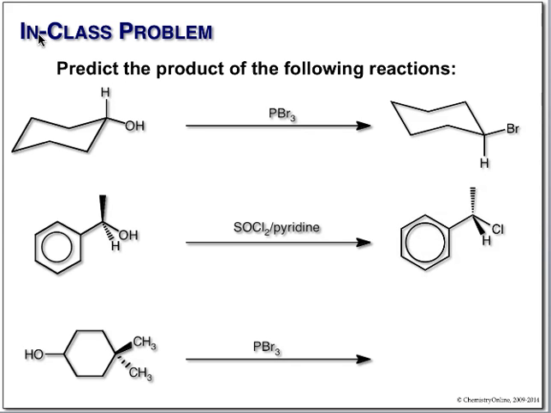PBr3, once again we have alcohol to alkyl bromide. We have inversion. This is not a stereocenter. Therefore, we simply draw the bromo dimethyl cyclohexane.